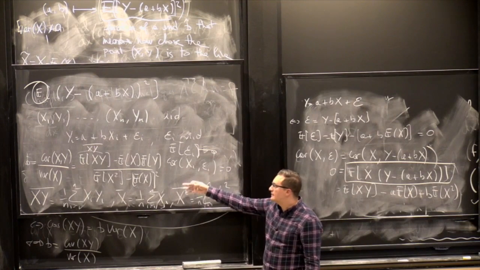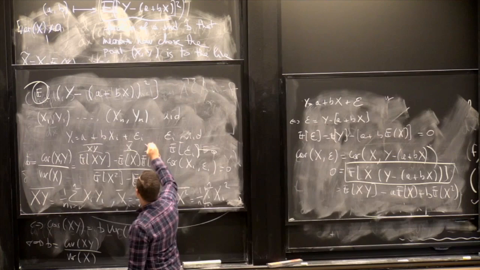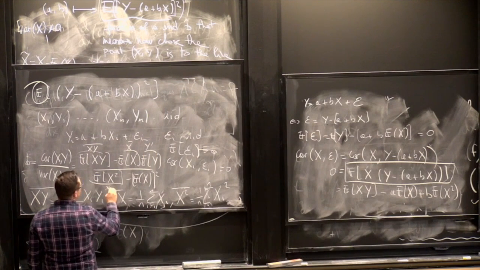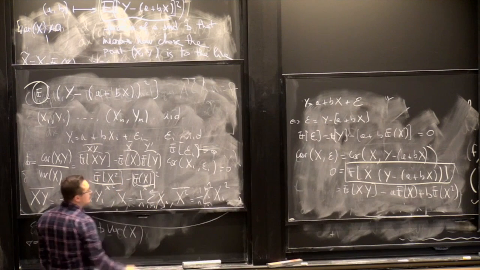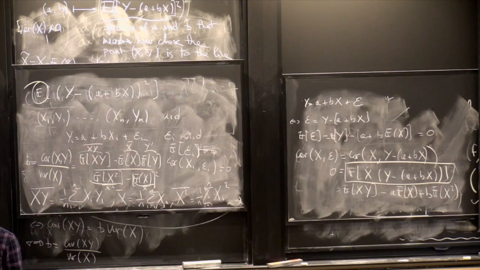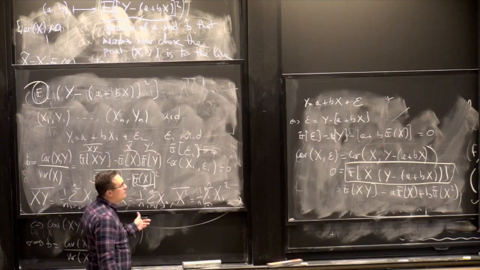So you just basically replace this guy by x bar, this guy by y bar, this guy by x squared bar, and this guy by x bar squared. OK, so that's basically one way to do it. Everywhere you see an expectation, you replace it by an average. That's the usual statistical hammer.